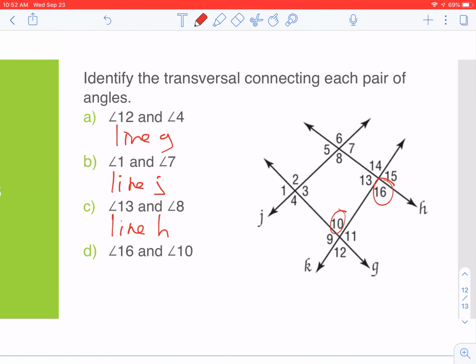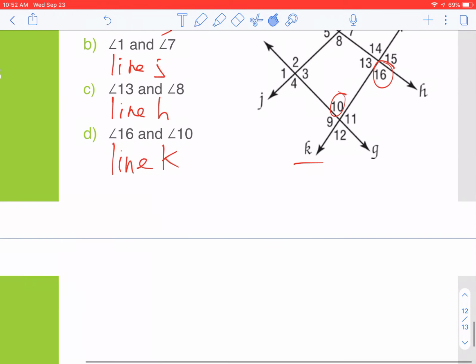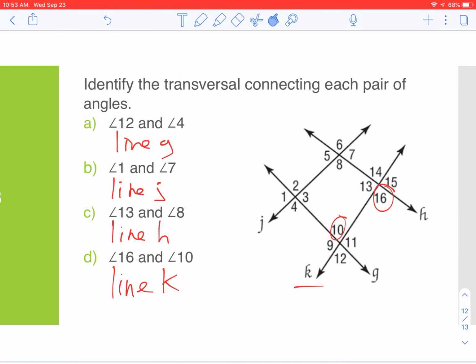What are they both touching? They are both touching line K. All right, that's it for today. Great work, everyone.